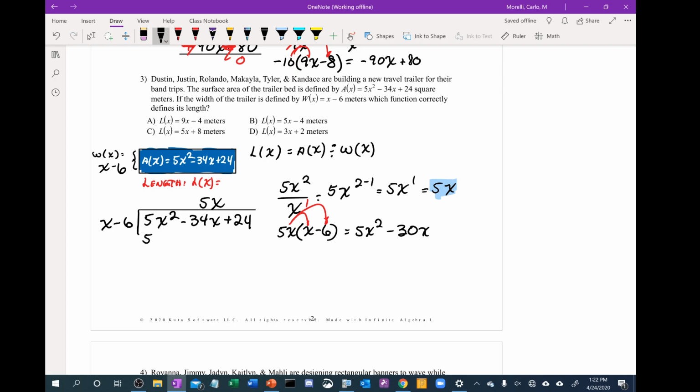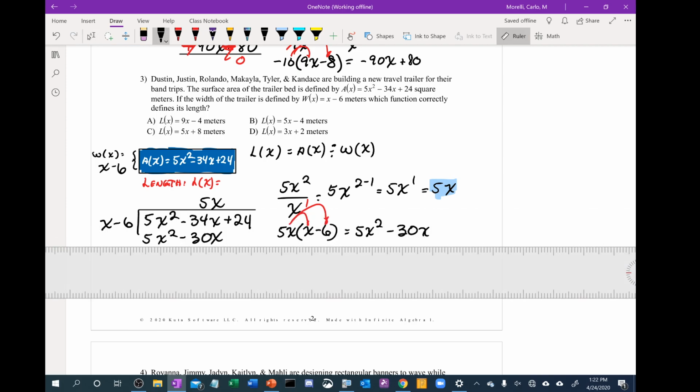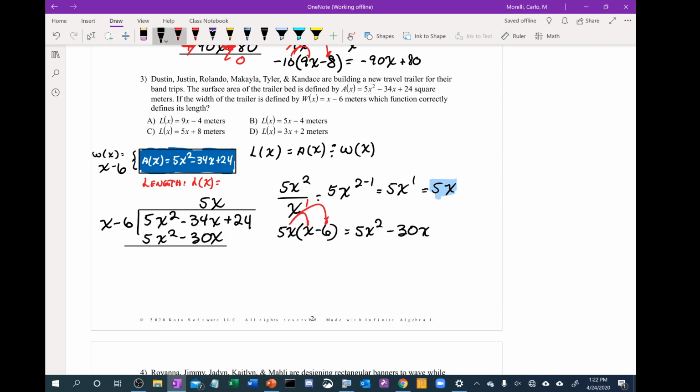So we write that term there, 5x squared minus 30x. And then we don't forget, we have to draw a line, change both of our signs. This becomes negative, this becomes positive, this term cancels, this term doesn't. Negative 34x plus 30x equals negative 4x. Bring down the next term of the dividend, which is plus 24, and start the process all over.